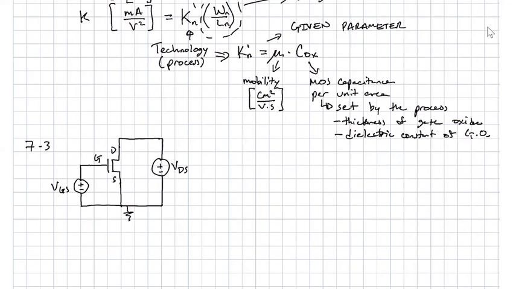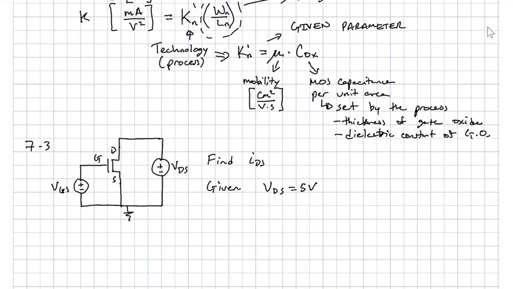So if we have this circuit, the problem will be, let's find the drain source current. So we want to find IDS, and we're given VDS of 5 volts.